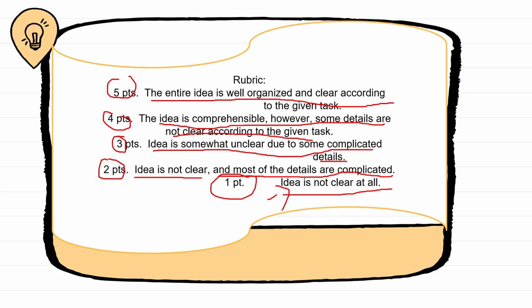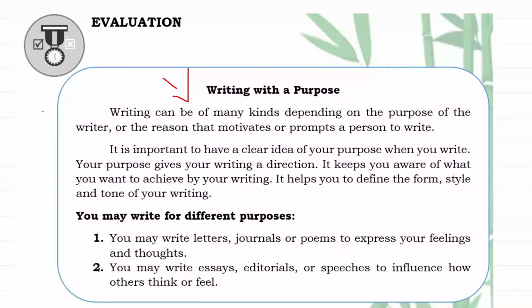Okay, so let's proceed. For our evaluation, let's read this. Writing with a purpose. Writing can be of many kinds depending on the purpose of the writer or the reason that motivates or prompts a person to write. It is important to have a clear idea of your purpose when you write. Your purpose gives your writing a direction, keeps you aware of what you want to achieve by your writing.